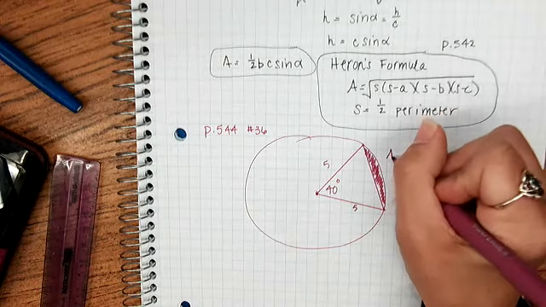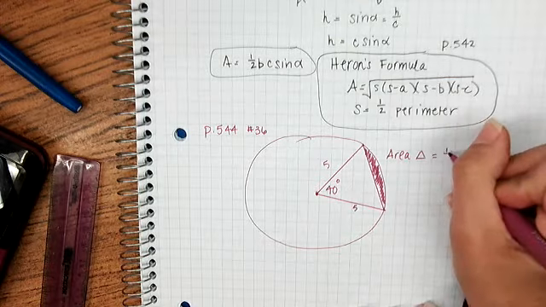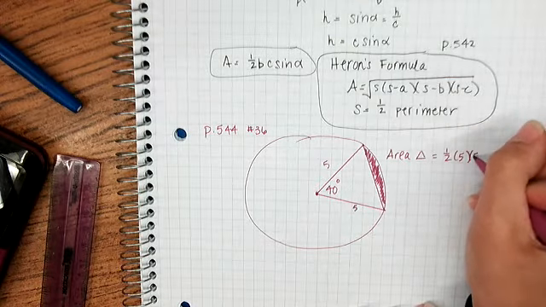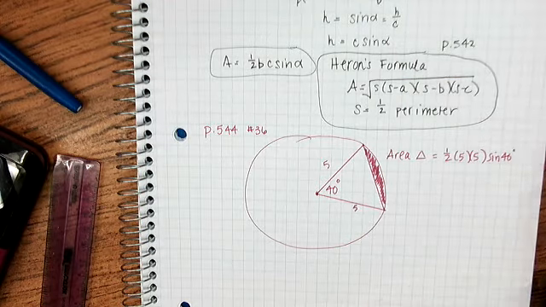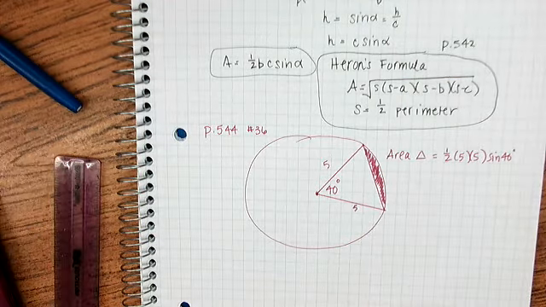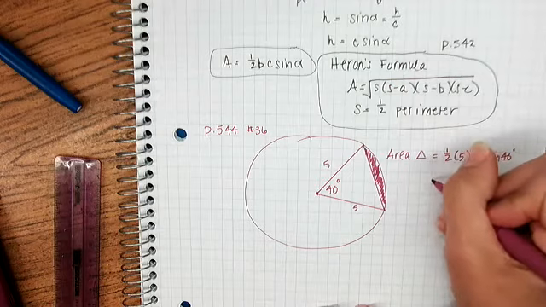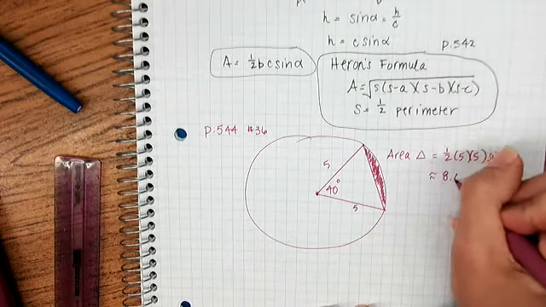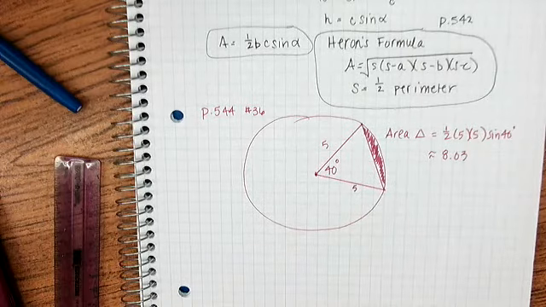The area of the triangle is 1/2 the two sides times the sine of the included angle. That's going to be 12.5 times the sine of 40, which is 8.03. So the area of the triangle is 8.03. I get so nervous doing these problems by myself that I make a mistake.